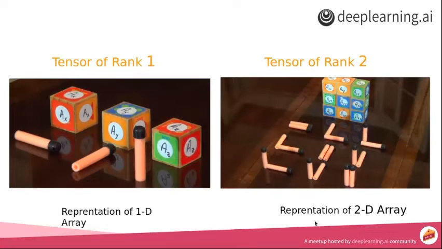We can also have a tensor of rank 3 in which a single component is associated with 3 directions or 3 indices. You can consider an example of a tensor of rank 3 as an image. If you have done programming in Python, then your image has a dimension like 30 by 30 by 3. If we represent this image in an array, then it will become a tensor of rank 3.